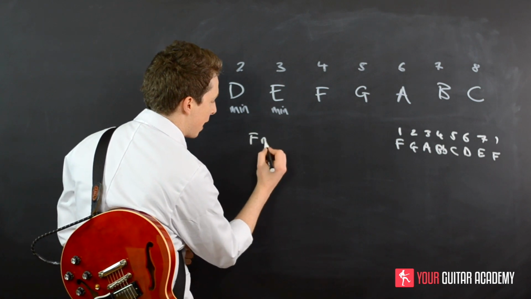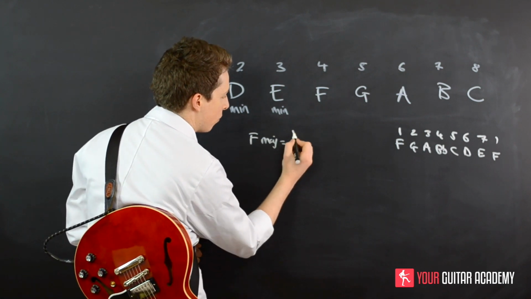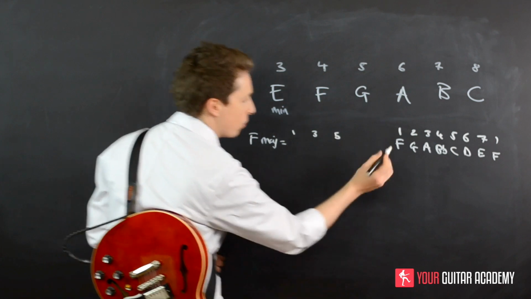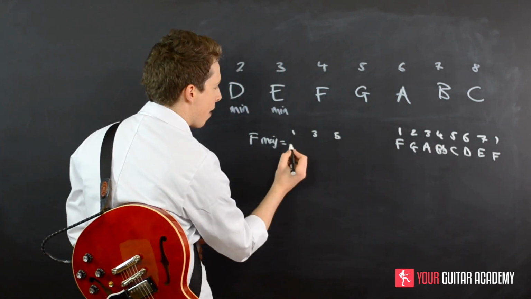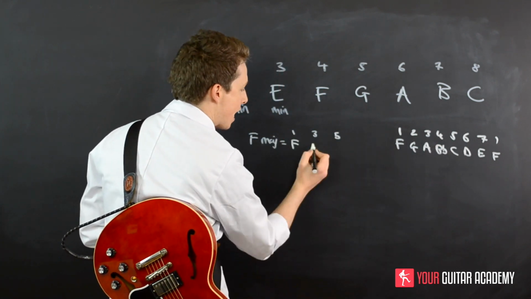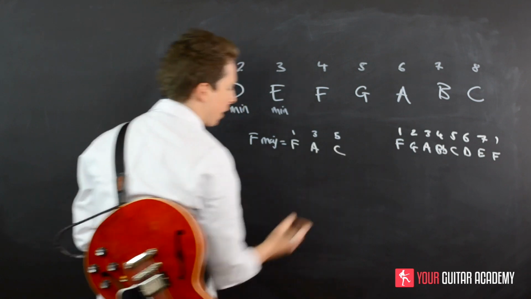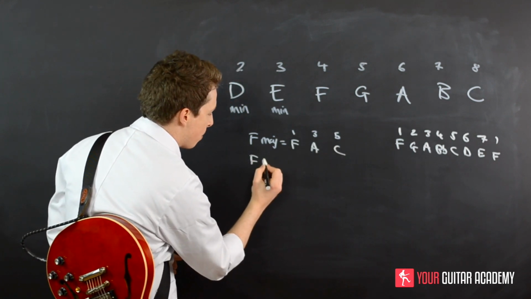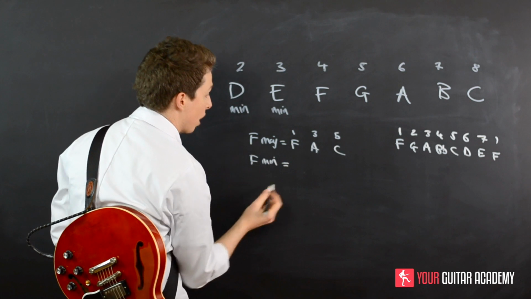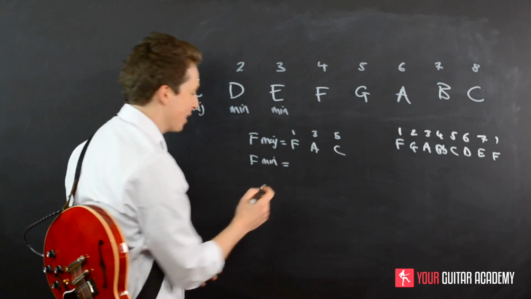So let's come over here now and look at what we've got. We're going to work out an F major chord, which will be the first, third, and fifth of this. That's F, A, and C. We're going to do an F minor chord for the purpose of science, because I'm sure you've all worked out that this is the right chord at this point.